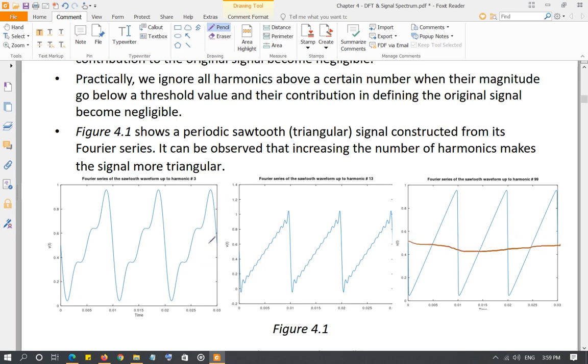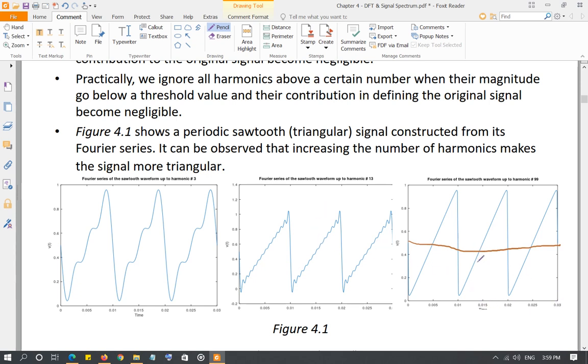So there's the average value, there is the fundamental component, and then I'm adding the second harmonic, if present, because I don't have the equation here, so I don't know if the second harmonic is present, and the third harmonic, with a frequency of 3 times the frequency of this waveform.